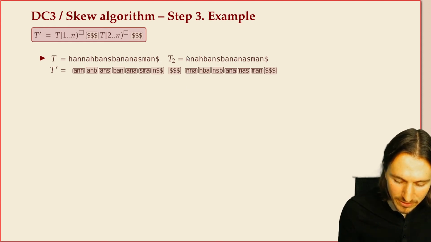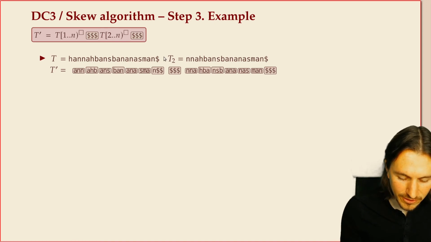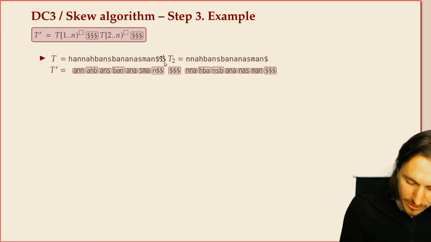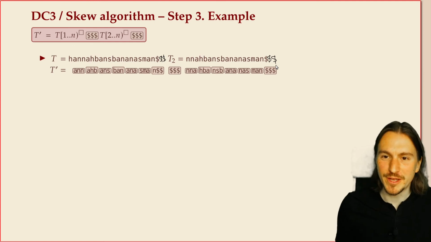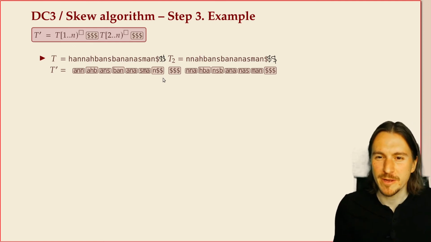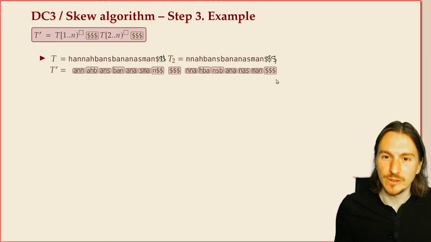T2 omits the first 2 characters. And then you just fill up with dollars in the text whenever you need it, so that it aligns with multiples of 3. That's easy to do if you actually compute the triples. So here's T prime, how it actually looks.